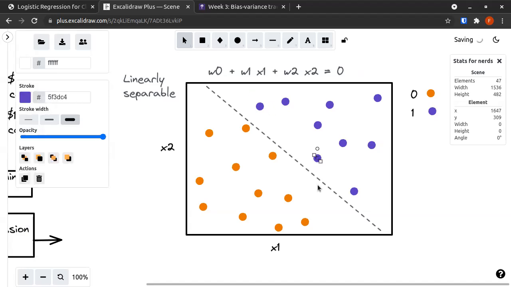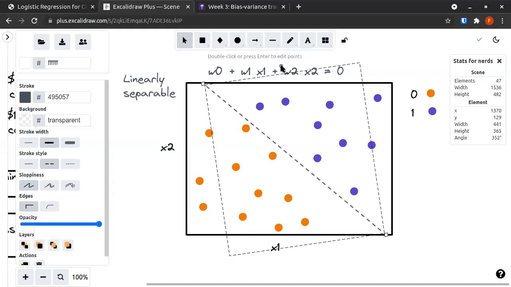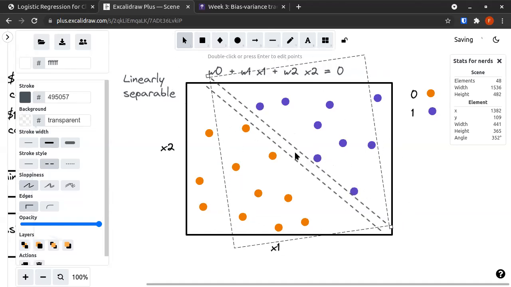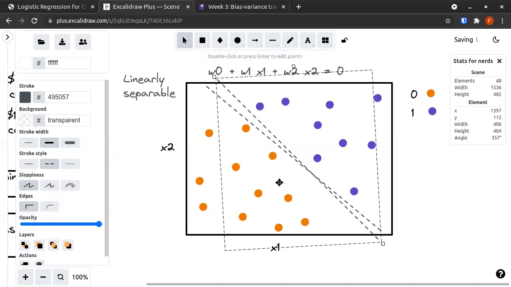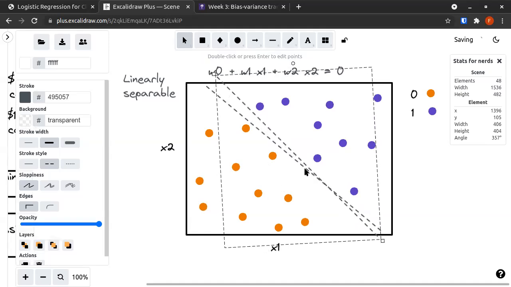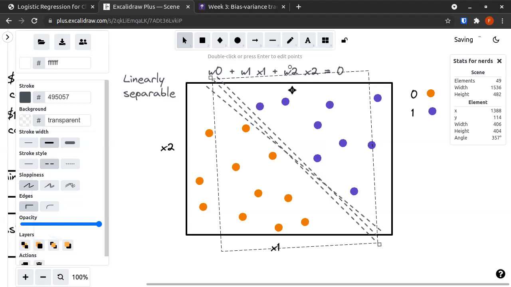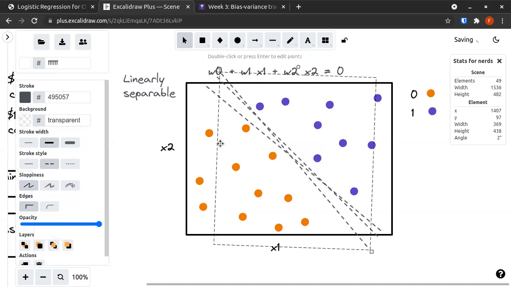Now, take a look at this hyperplane. Is there only one hyperplane that separates the two classes? Okay. So I have, let's say, this potential line that separates the two classes. But I also have this potential line, right, or this potential line.